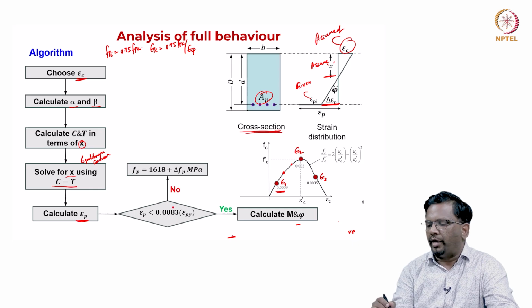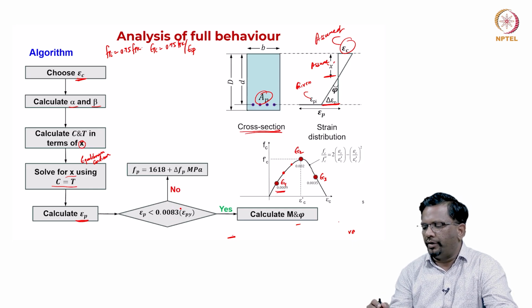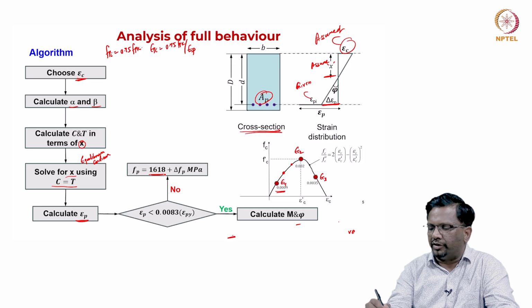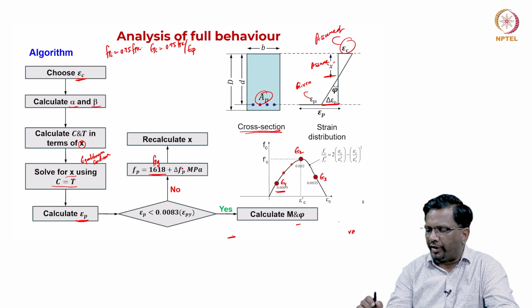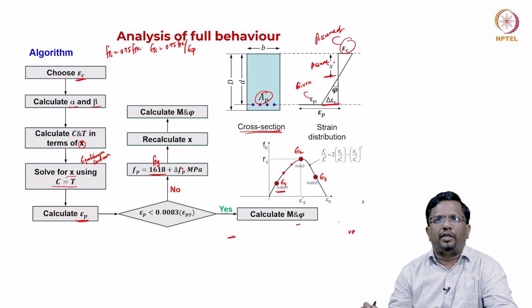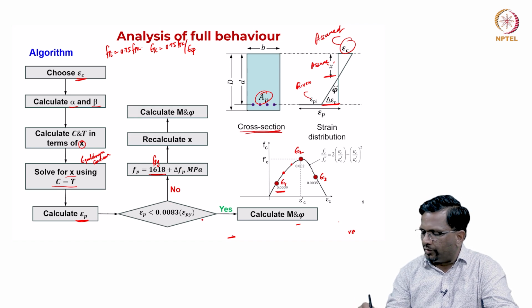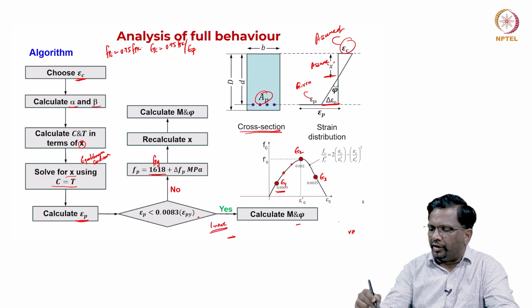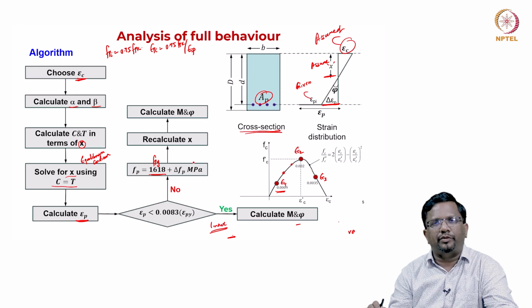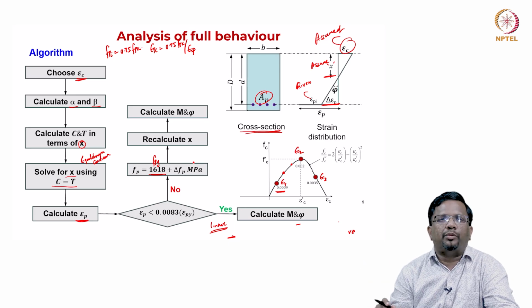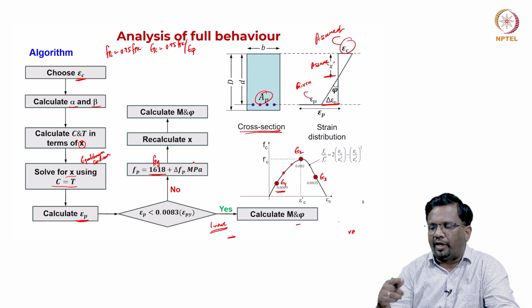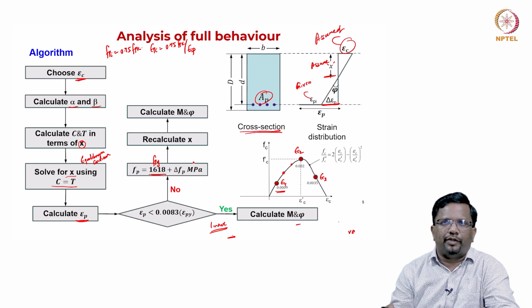Fp is going to be your Fpy that we have discussed plus delta Fp. Then I have to recalculate my x, and then calculate my moments. If it is less, I can just simply use the linear relation. Otherwise, Fp is going to be a higher value, it is not going to be linear, so I have to recalculate my x, as my equilibrium condition will not be satisfied. So, you have to calculate x in an iterative way.